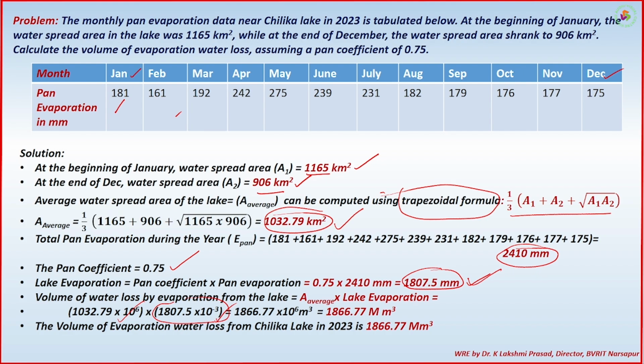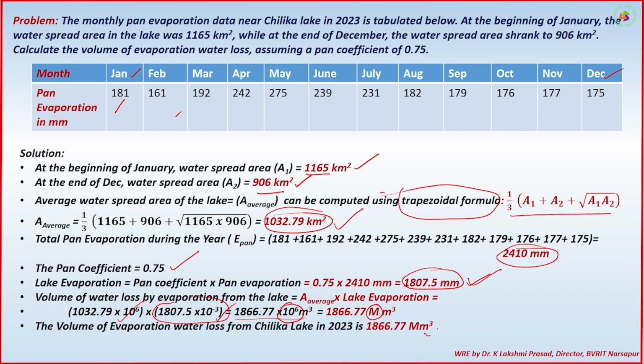Why 10 to the power of minus 3? The depth is in mm, so I converted it into meters. Now this is in meters and this is also in meters, so finally what we get is in meters. 10 to the power of 6 represents 1 million. That's why we have written 1866.77 million meter cube.